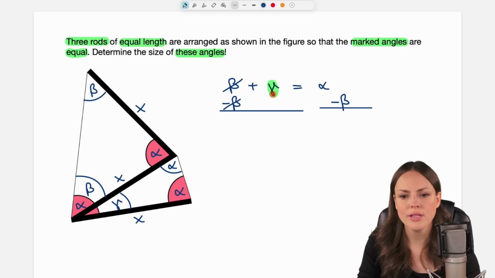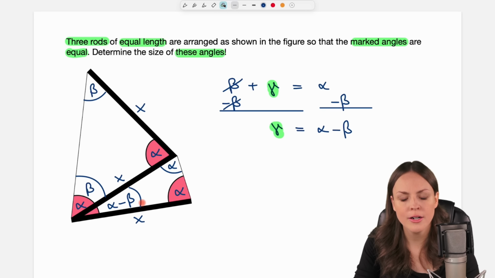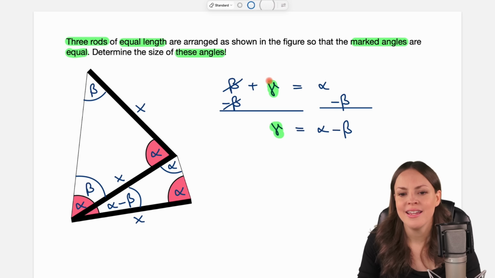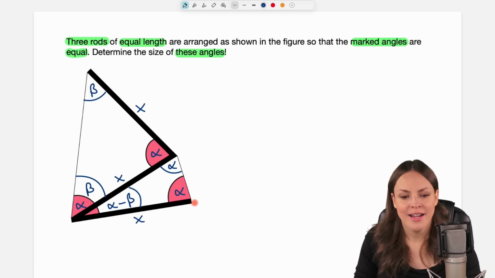Then this cancels out. I have my gamma by itself, and here I have alpha minus beta. So instead of gamma here, I can erase this, and I can write alpha minus beta in here, so I have no gamma in here anymore, only alpha and beta. The less unknowns we have, the better. Okay, I still want to find alpha.